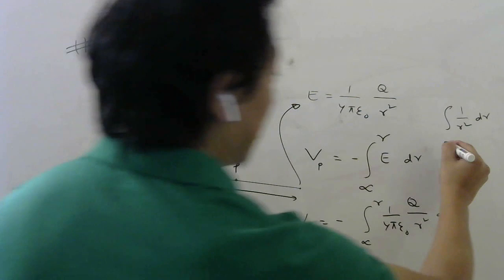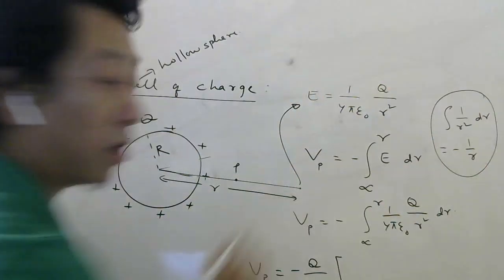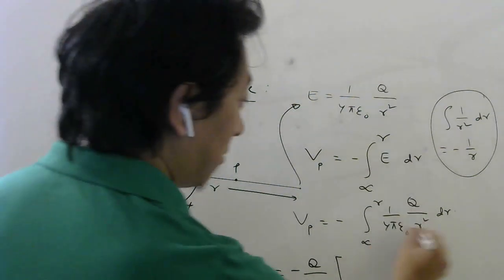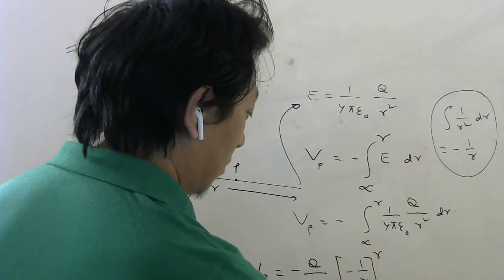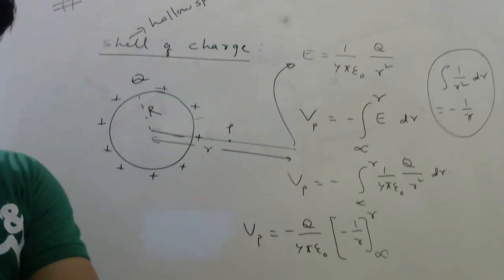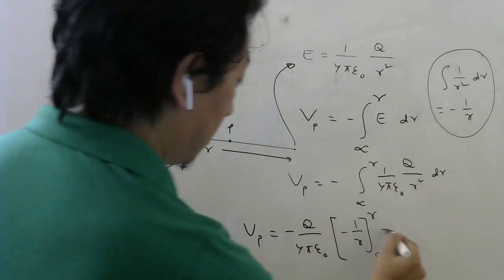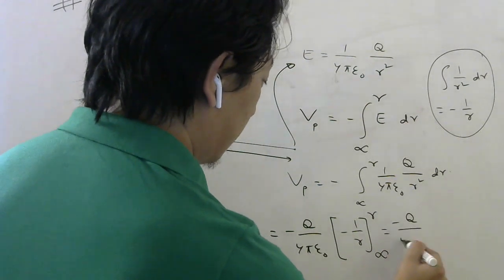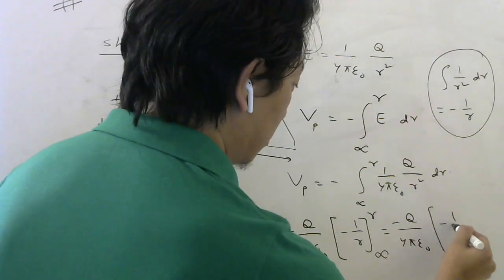This we did last class also. Integration of 1 by r square dr will be minus 1 by r. So check this yourself. Upper limit is r, lower limit is infinity. So substitute the upper limit: minus Q by 4 pi epsilon naught, put upper limit, you will get minus 1 by r.